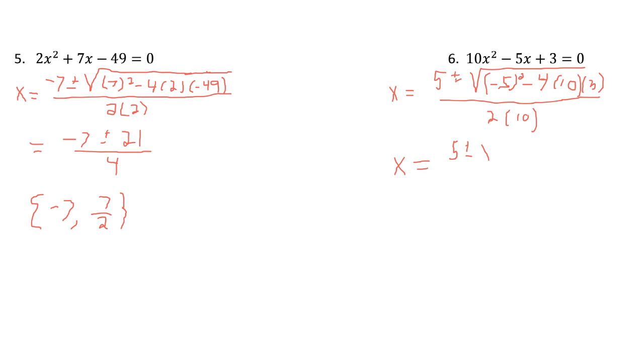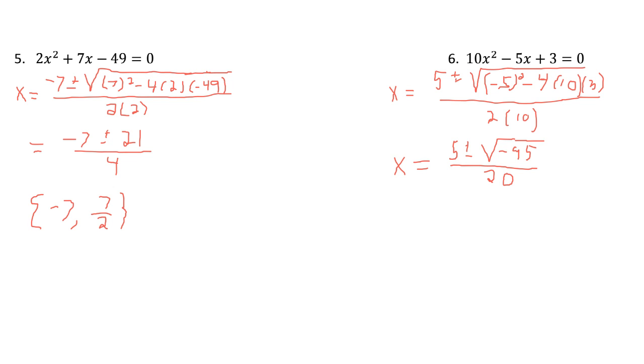Now, the square root of negative 95. Well, we know we can't take the square root of negative 95, but we have to take that negative and get the i out of there. It's over 20.